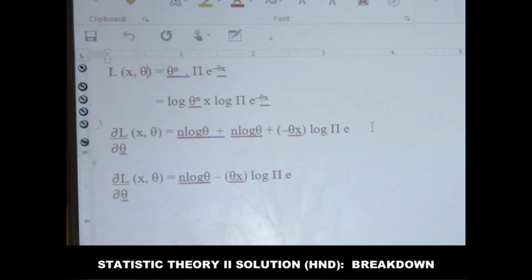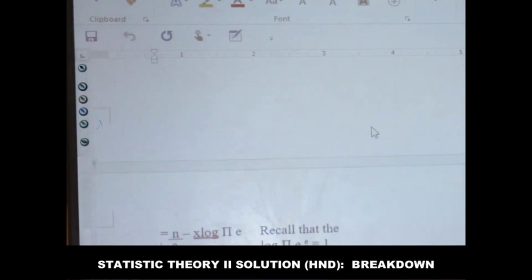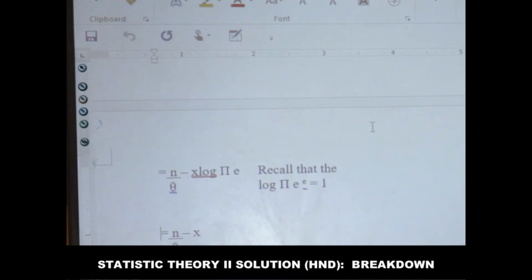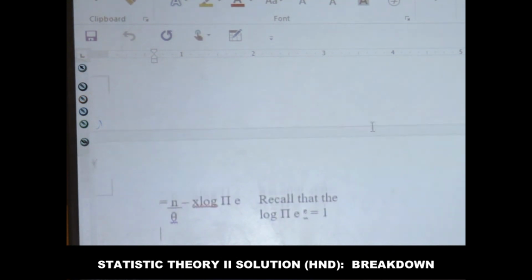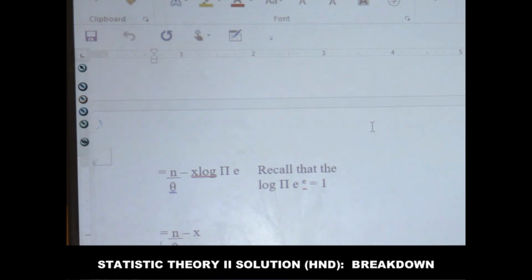Now you have n over theta minus x log e.